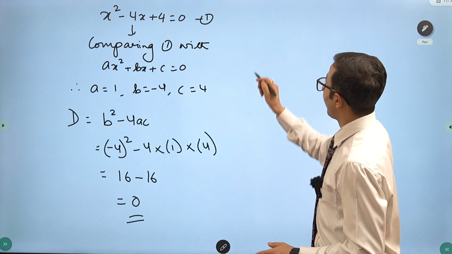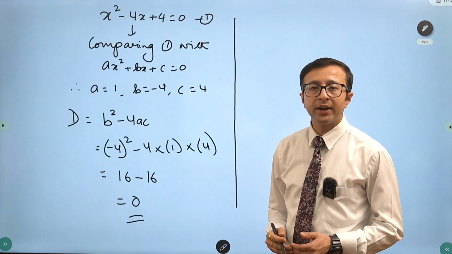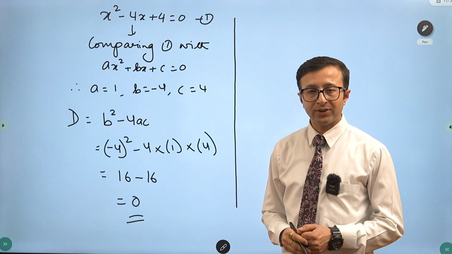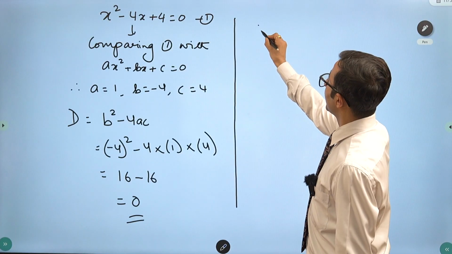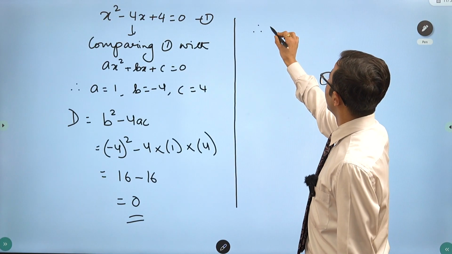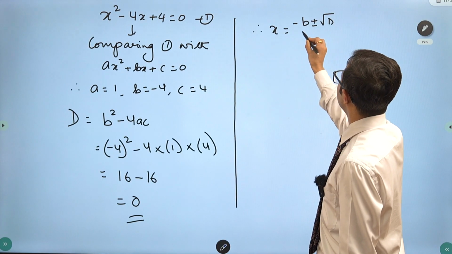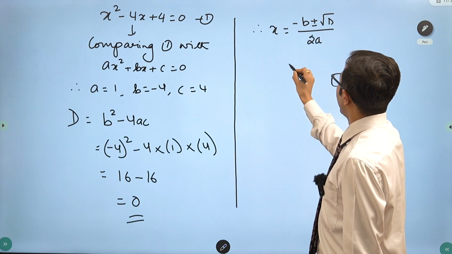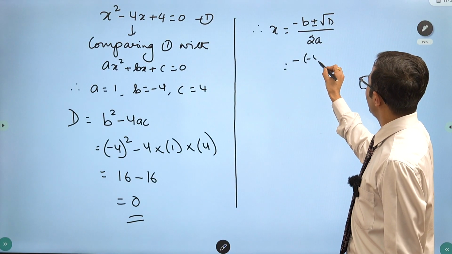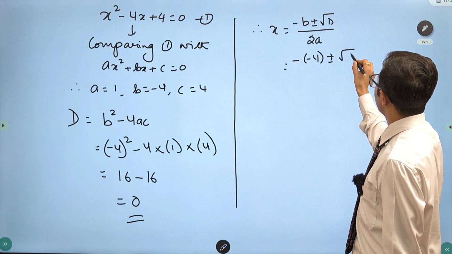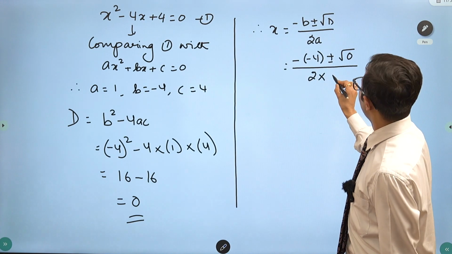Now we will find the roots. We have already learned how to find the roots by using factorization, that means middle term splitting. Today we will be learning using the quadratic formula. The value of x is minus b plus minus square root d divided by 2a, and what is the value of b, that is minus 4, plus minus square root of d which is 0, divided by 2 multiplied by 1.